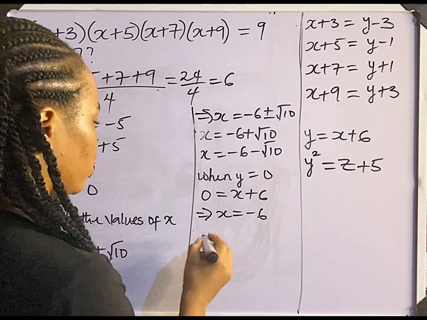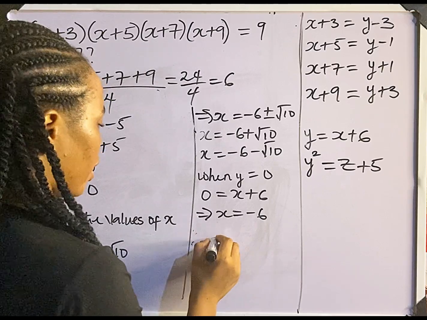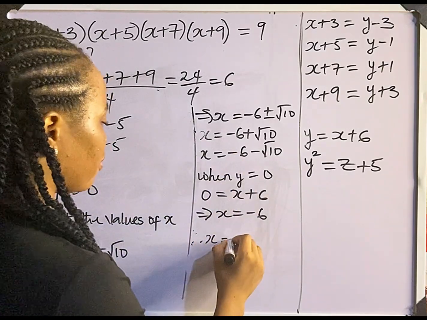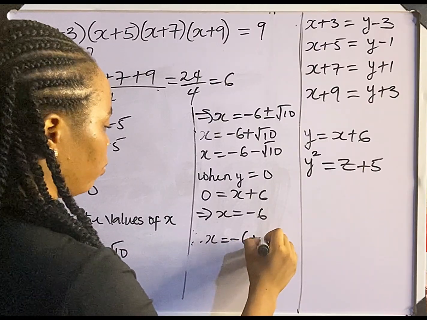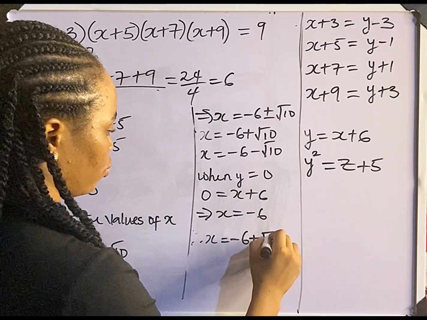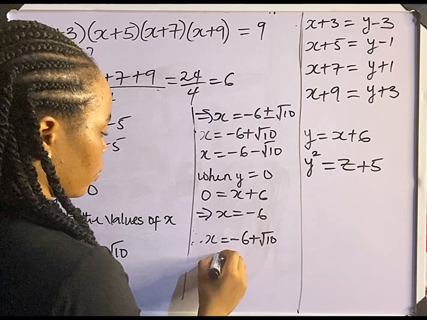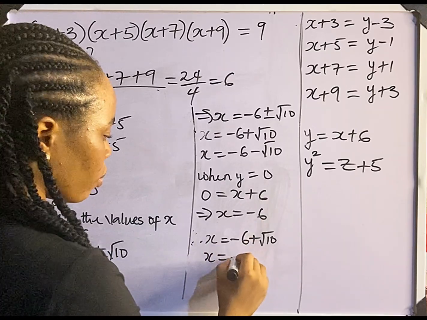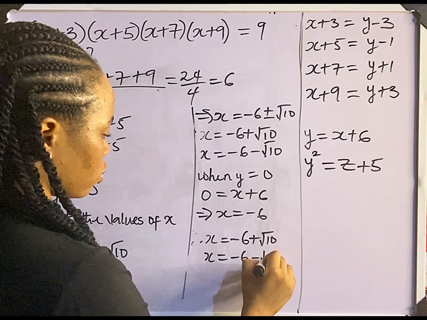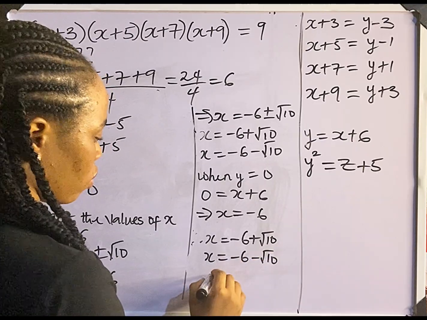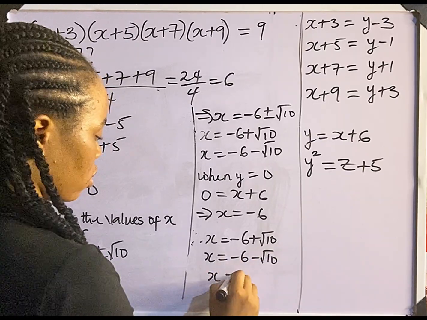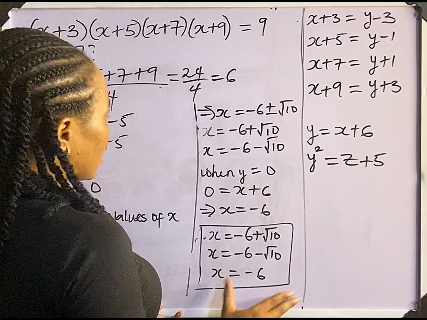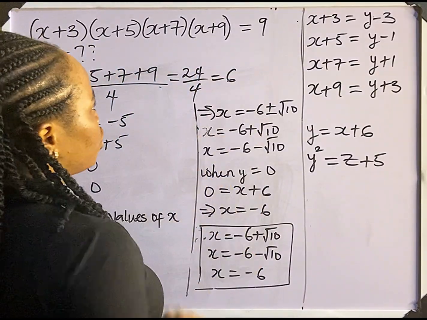So therefore x equals minus 6 plus root 10, x equals minus 6 minus root 10, or x equals minus 6. So now we can see that these are the roots to this quadratic equation.